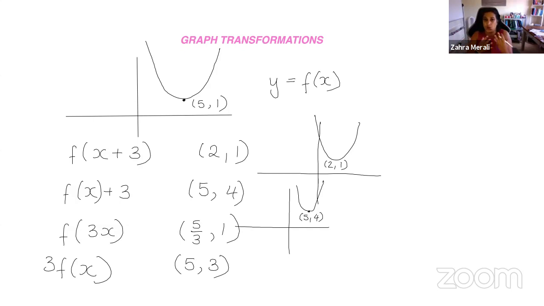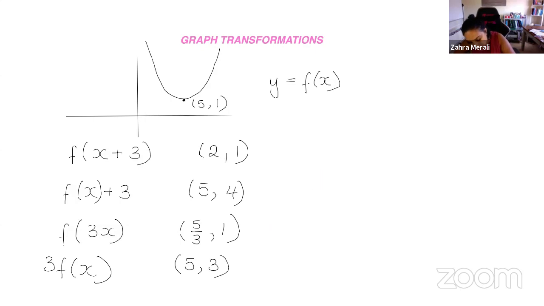What's come up in the new GCSEs is where they combine some of these transformations. So let's say we have 6f(x - 2). Think about it in terms of coordinates. It's always easier. Inside the bracket is affecting the x coordinate. Outside the bracket is affecting the y coordinate.